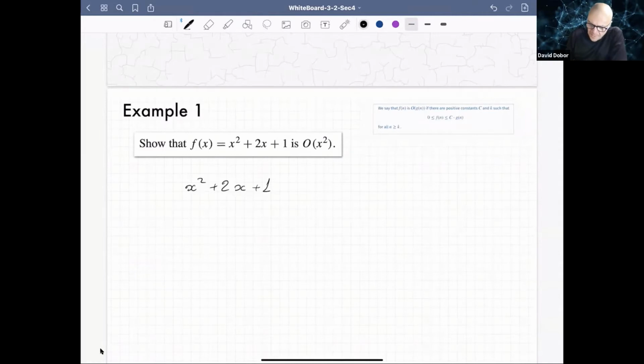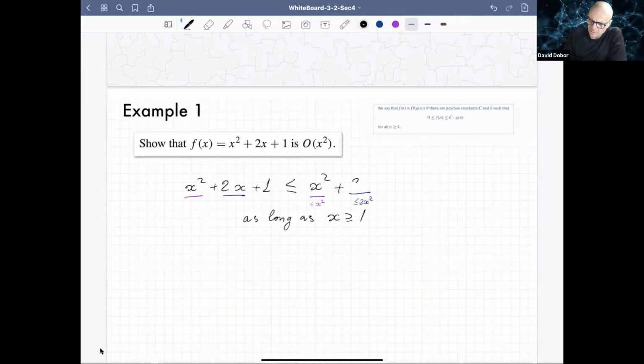So here's what it does. It says, as long as your x is greater than or equal to 1, it writes it down. So clearly x squared is going to be less than or equal to x squared, right? Plus, clearly 2x is going to be less than or equal to 2x squared, right?